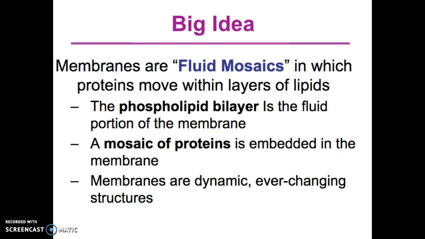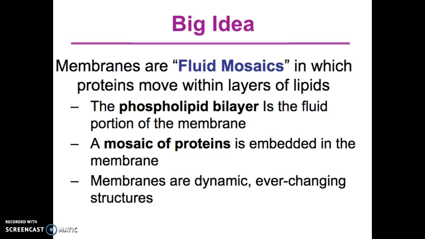All right, so our big idea here is that membranes are something called a fluid mosaic. Basically, it means that the proteins and other items can move within layers of the lipids. So we have the phospholipid bilayer, right? And that's the fluid part of the membrane. And then we have a mosaic of proteins that are embedded in that membrane.